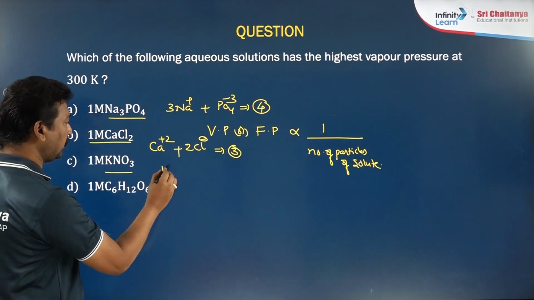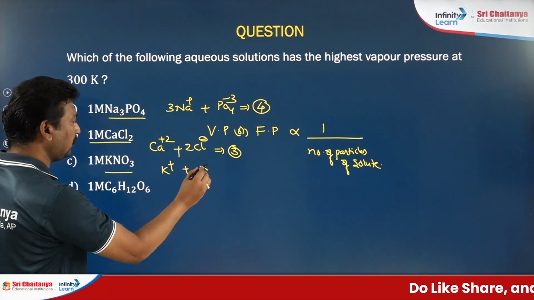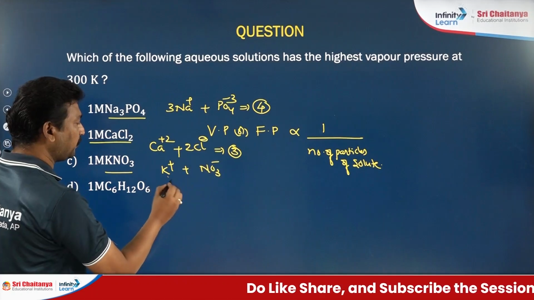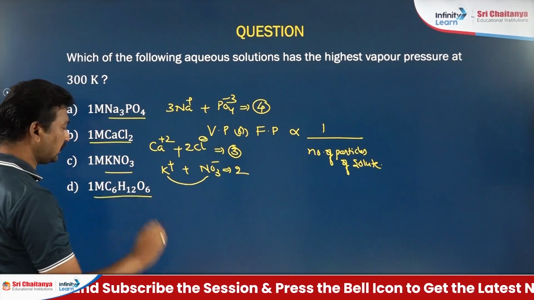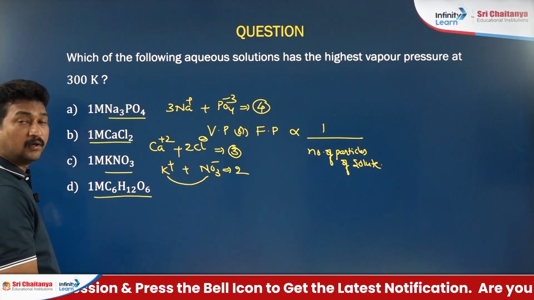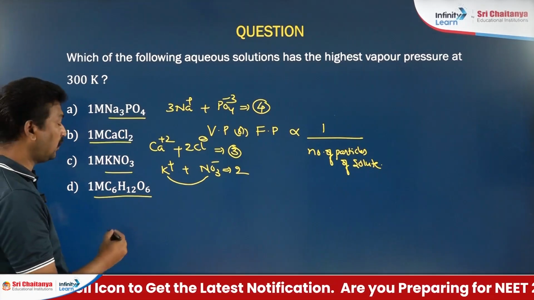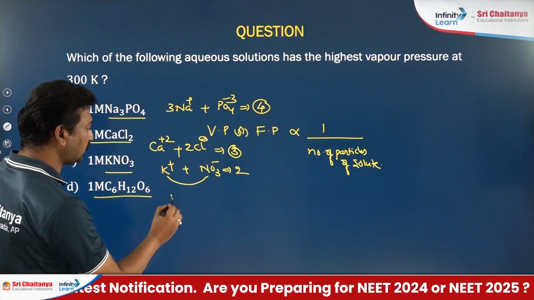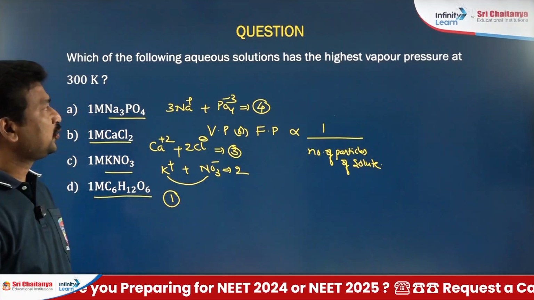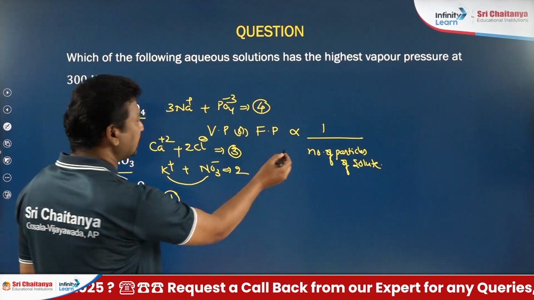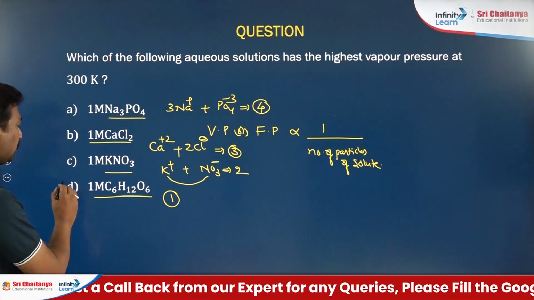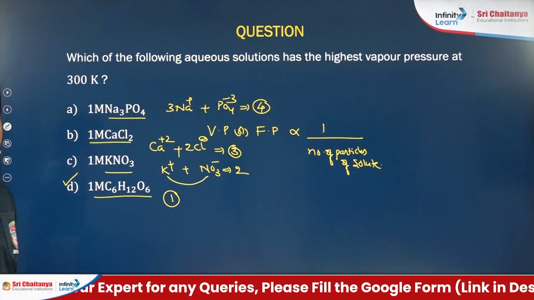KNO3: 1 mole K plus, 1 mole NO3 minus. 1 plus 1, the number of particles would be 2. This is glucose. Glucose is a non-electrolytic, non-volatile solute. I value is equal to 1. Since we are asked to calculate the highest vapor pressure, and the number of particles is inversely proportional, glucose will have a relatively higher vapor pressure.